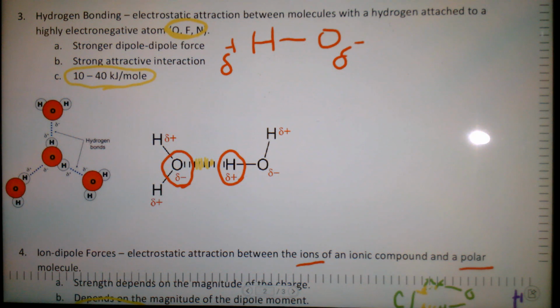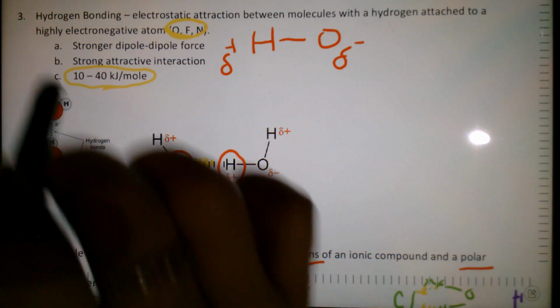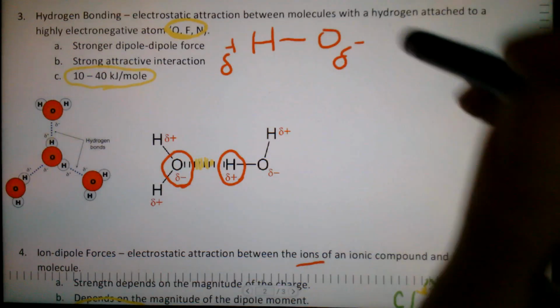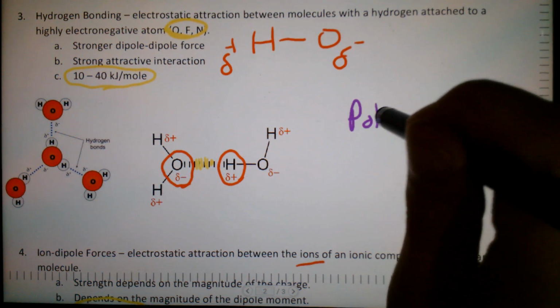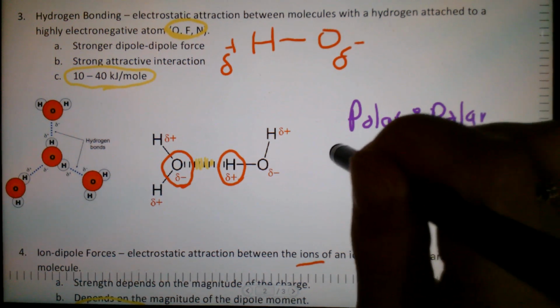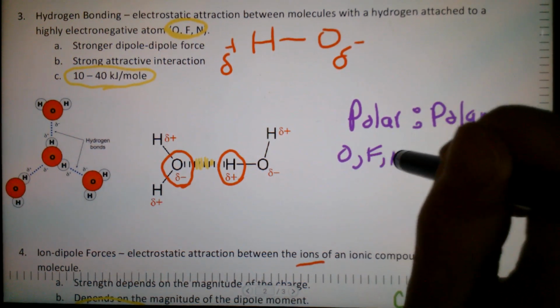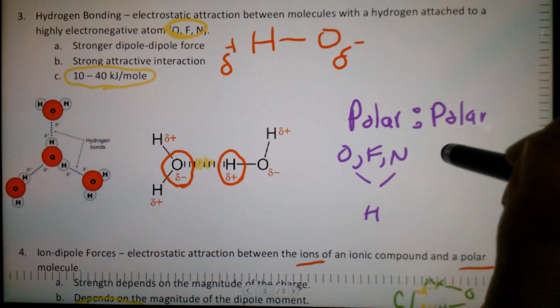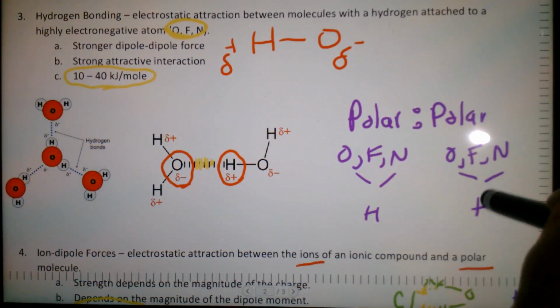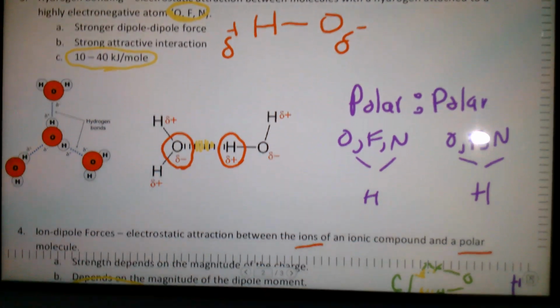It's just a stronger interaction because you are dealing with very, very electronegative elements: oxygen, fluorine, and nitrogen. But again, it works the same. So for our recap, it's also a polar molecule with another polar, and you have to have O, F, N attached to a hydrogen to get hydrogen bonding.